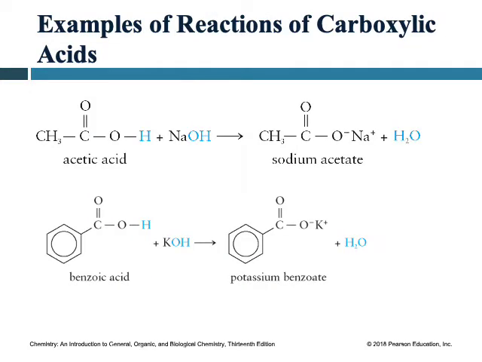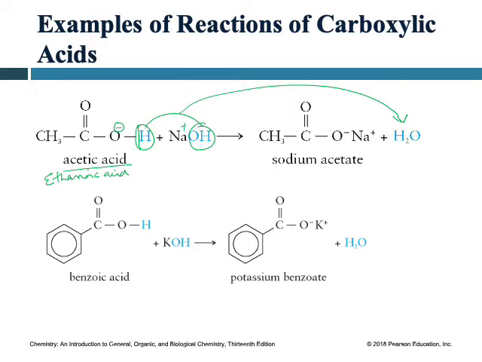So let's take a couple more examples of carboxylic acid reacting with a base. In this case, we are going to use acetic acid, which is also ethanoic acid. Then this H and this OH are going to come close together and form a water molecule, and then this will become a negative charge.